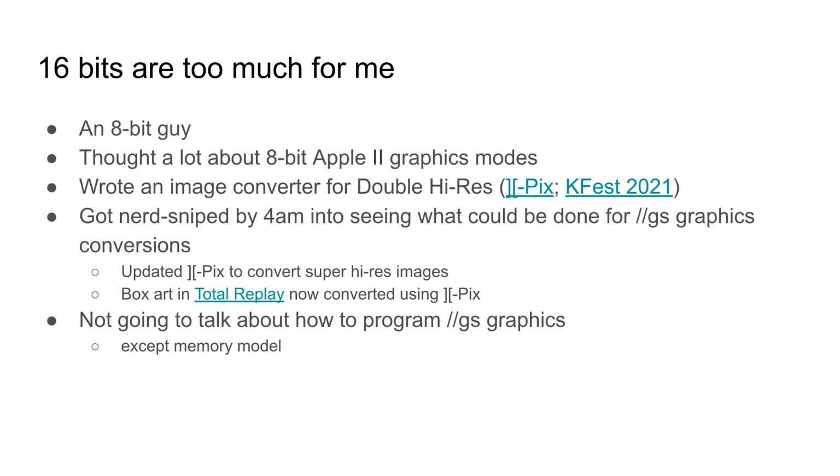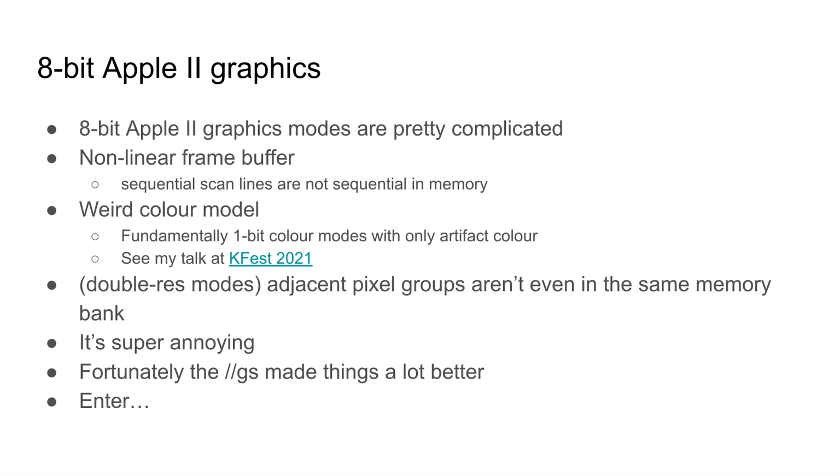The 8-bit Apple II graphics modes are famously very complicated to work with. They have a nonlinear frame buffer, which means that the sequential scan lines on the screen are not sequential in memory. The way colors work on the 8-bit graphics modes is pretty hard to deal with. It's fundamentally a 1-bit color mode, and all the color actually comes from what's called artifact color, which essentially means the position of the pixels on the screen.